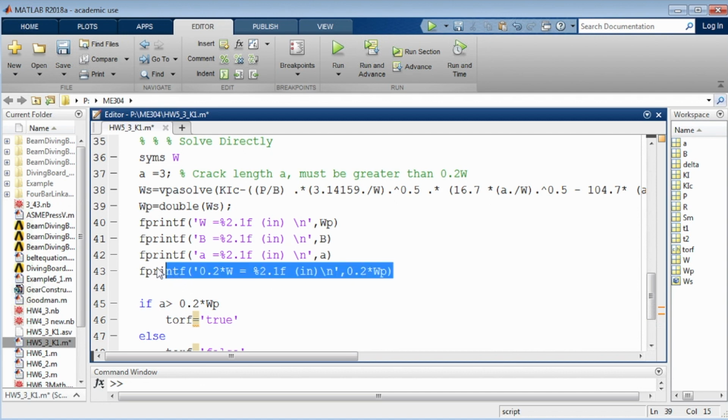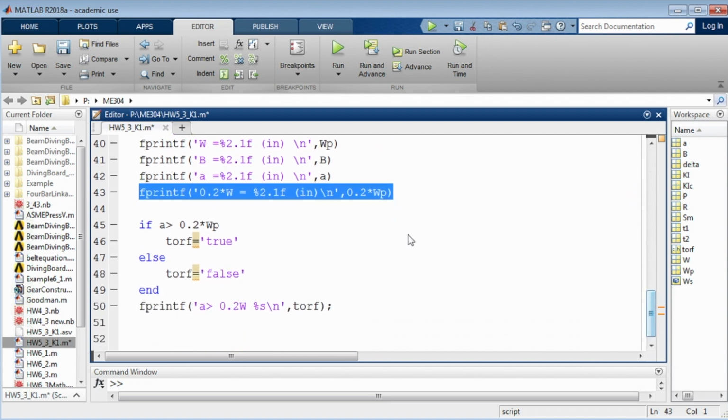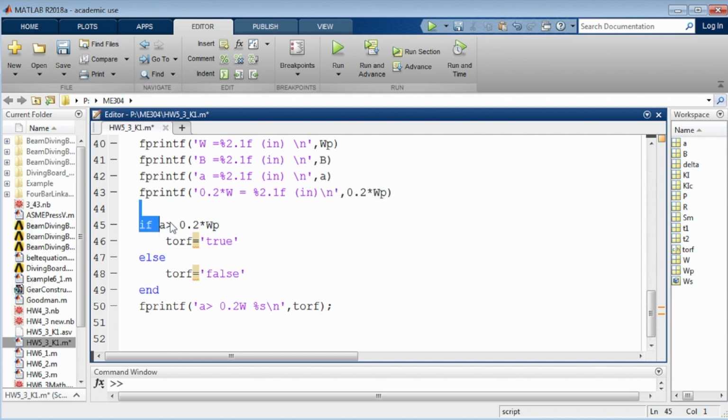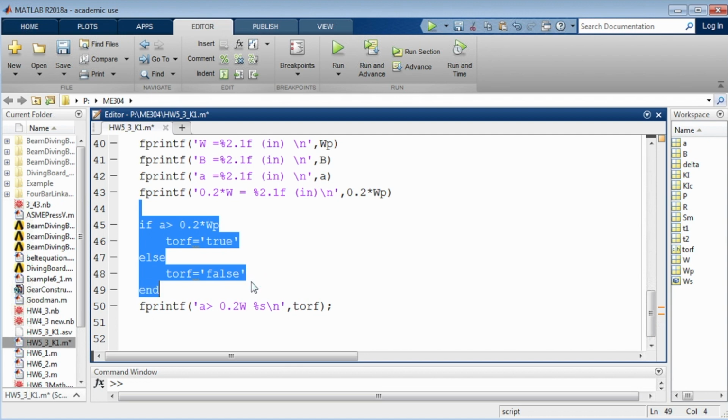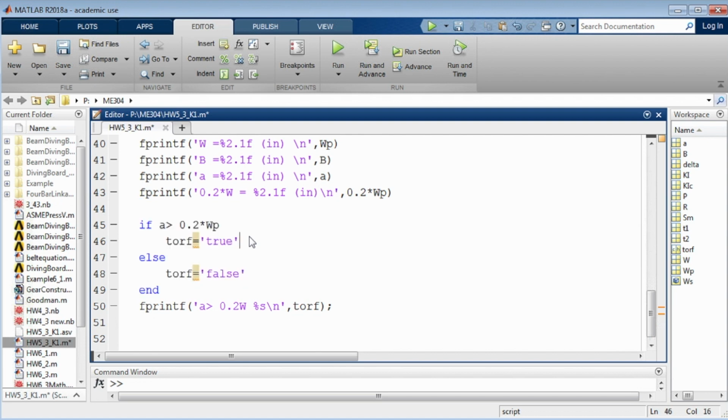But I wanted to check if 0.2W is less than A or not. So to do that, I first print out 0.2 times W, but then I ask whether or not A is greater than 0.2 times W, and if it is, I give a true.